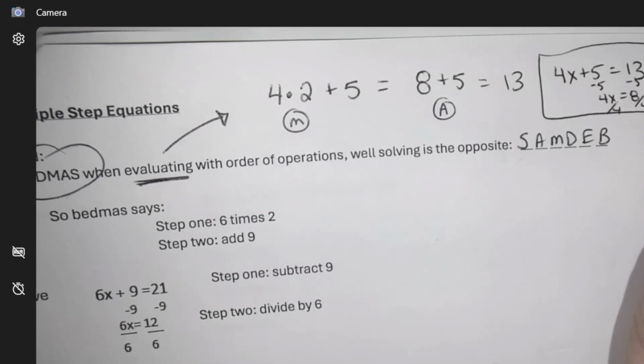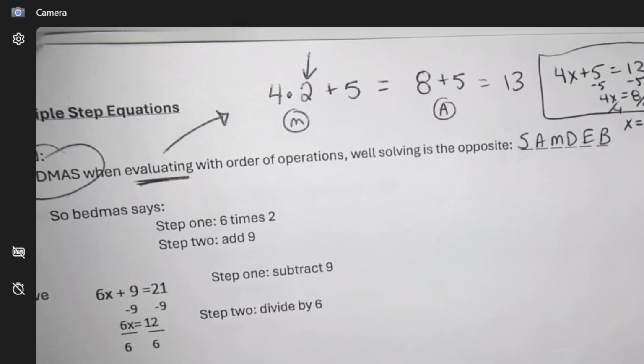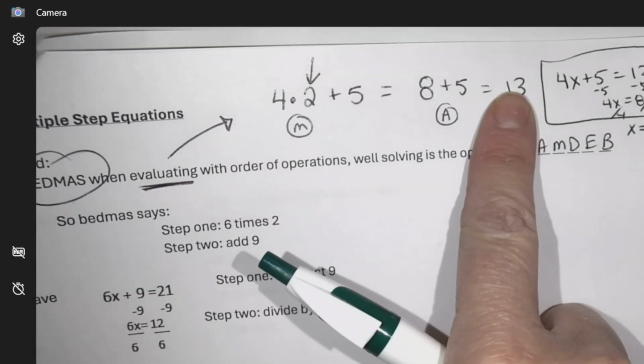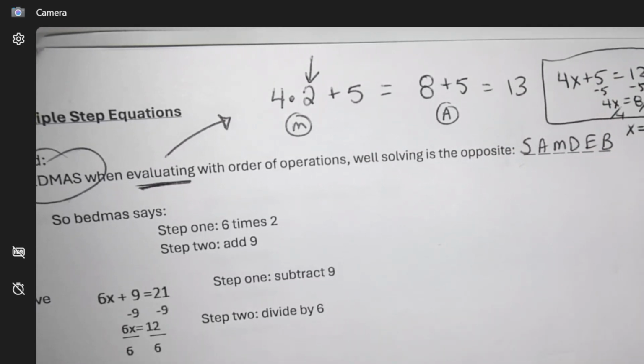Divide by 4. X equals 2. Hey, look at what we started with right there. We started with a 2. So evaluating is BEDMAS. SAMDEB is the opposite of that, and that's what you use when you do equation solving.